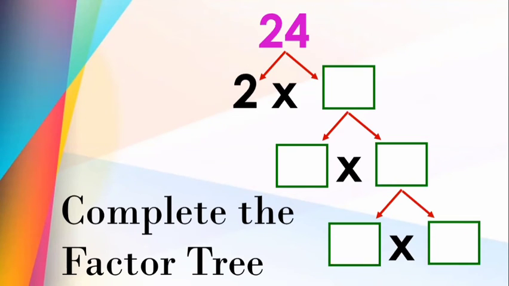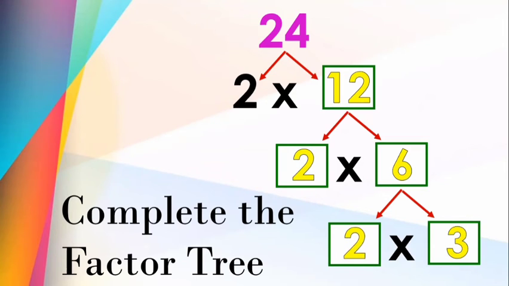We have 24. Write the missing number: 2 times 12. The factors of 12 are 2 times 6. The factors of 6 are 2 times 3. So the prime factorization of 24 is 2 times 2 times 2 times 3.